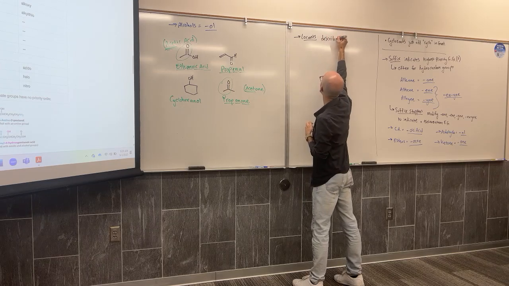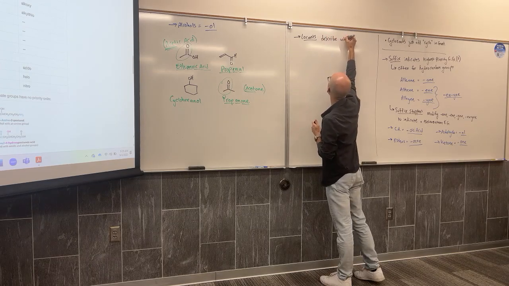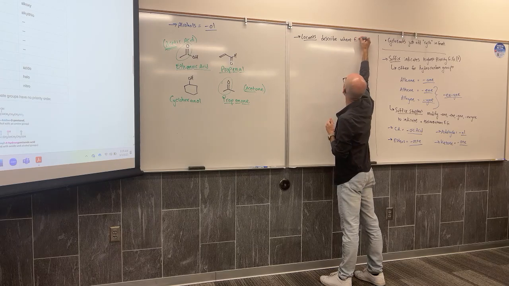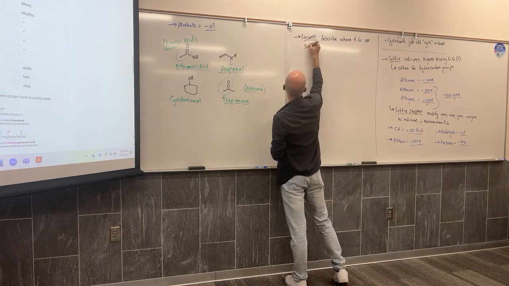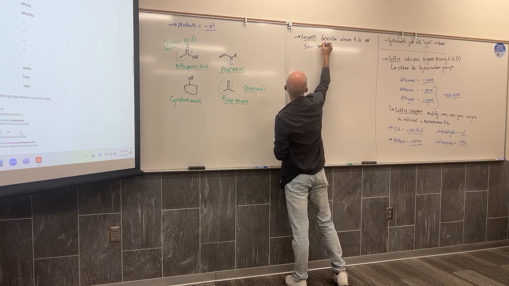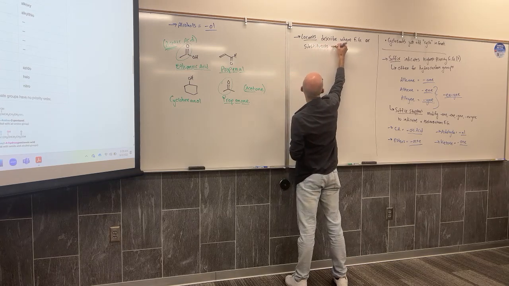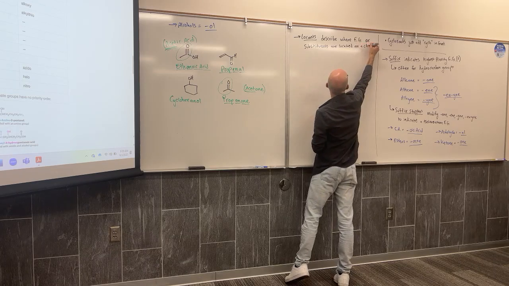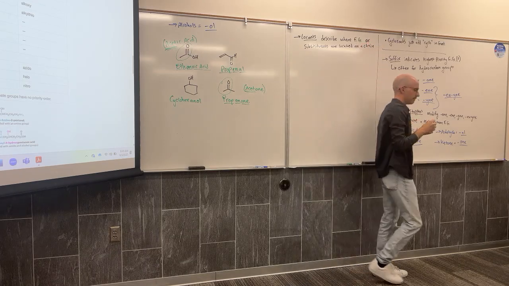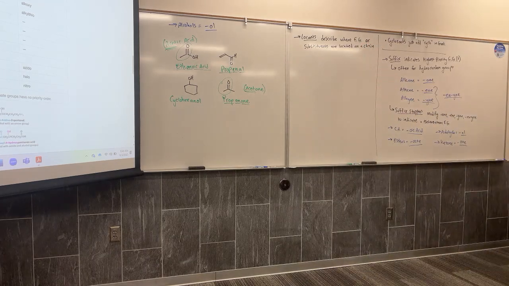Locants are used to describe where functional groups or substituents are located. And those substituents are things that will show up in the prefix.